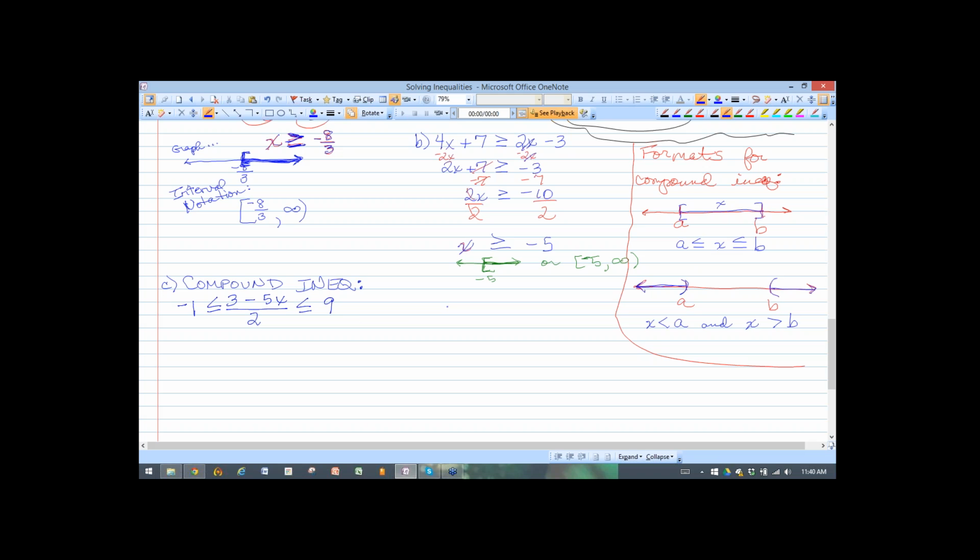This one we call a double inequality because it's 2 in 1, basically. Sometimes you may see this first one written as x greater than or equal to a, or x is less than or equal to b. But we write it in an interval like that.